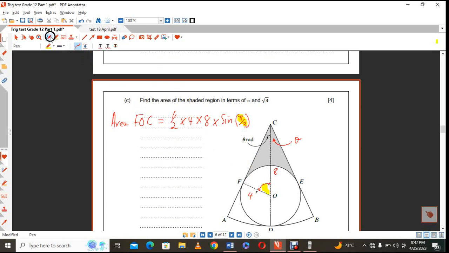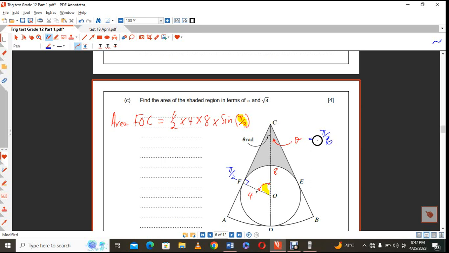And also another thing, this is 90 degrees, or this is half pi radians. So if I want to find this angle here, I know what this angle was. Remember that angle is 30 degrees, and 30 degrees is nothing but pi over 6.